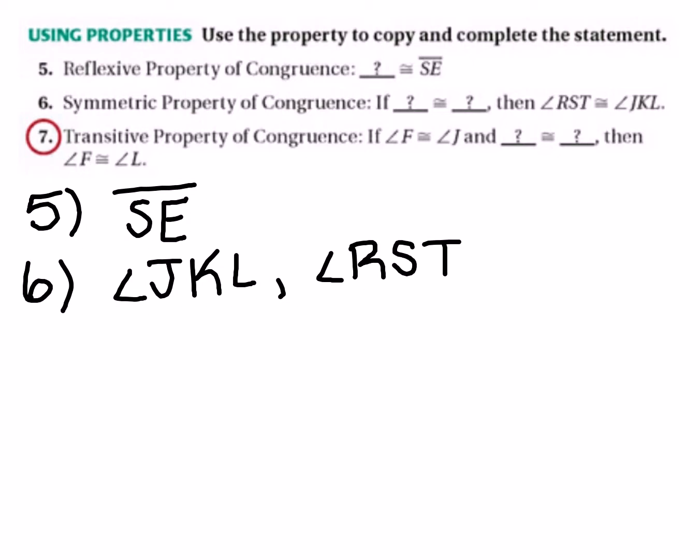Look at number 7. The first thing you want to pay attention to when you're looking at the transitive property of congruence is you want to identify the different parts. And again, it's similar to my law of syllogism. So if we understand law of syllogism, we talked about P, Q, and R. And we remember that whatever we see twice, we take out.